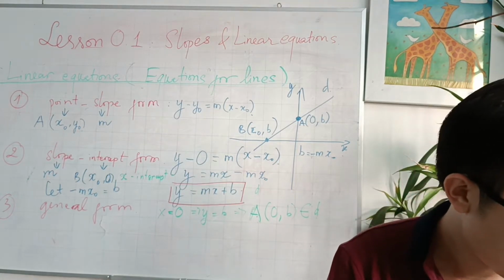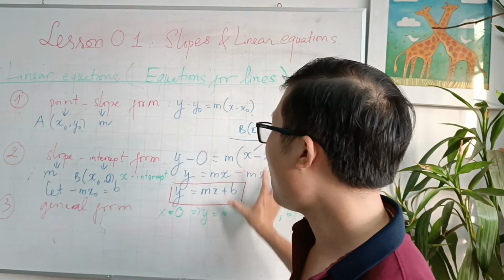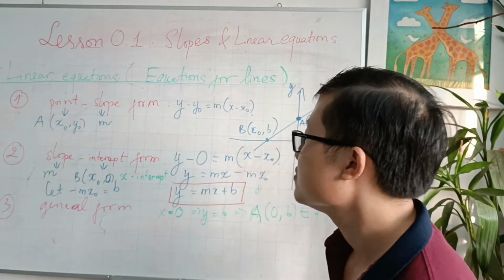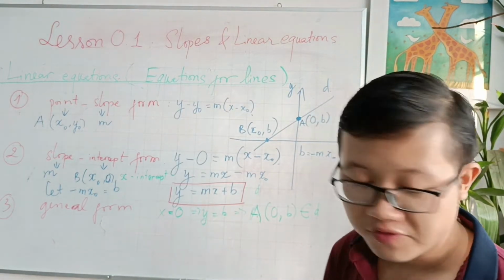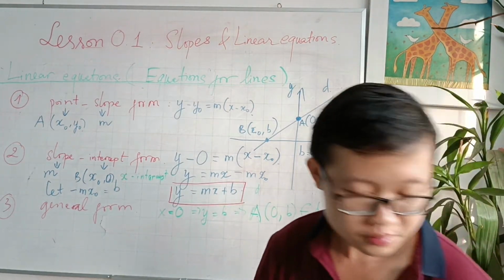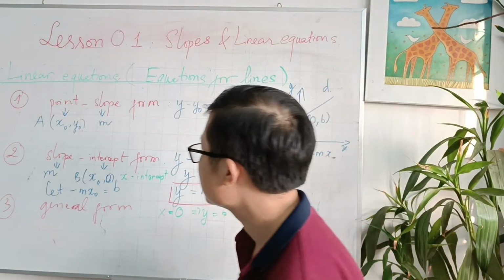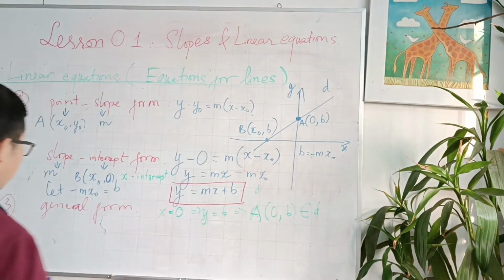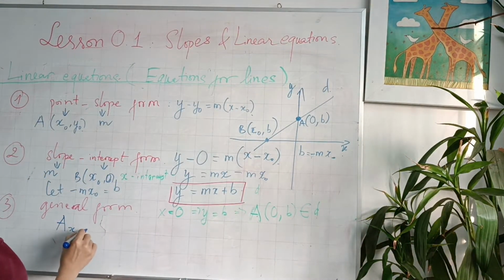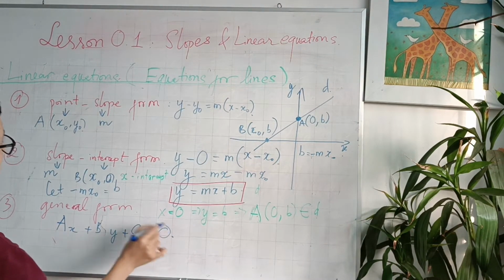And the last one is the general form. When you expand all this form into terms and coefficients, we have the last form here: ax plus by plus c equals 0.